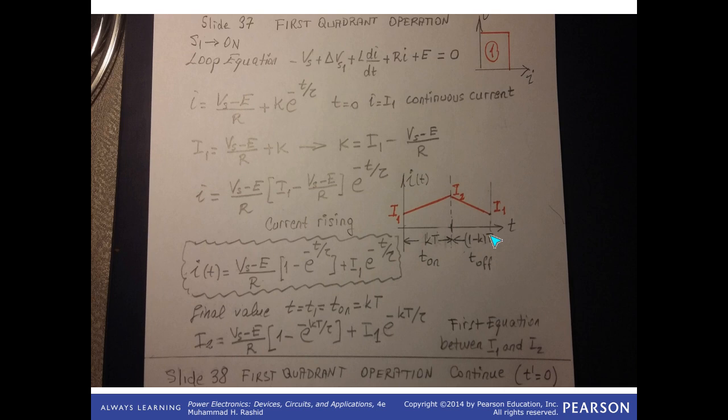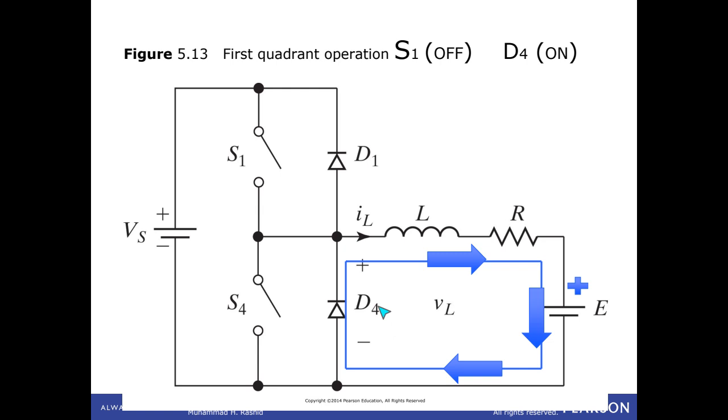So it's off time actually. Let's continue to write the differential equation for that case. I write L di/dt plus Ri plus E, neglecting the voltage drop, is equal to 0.